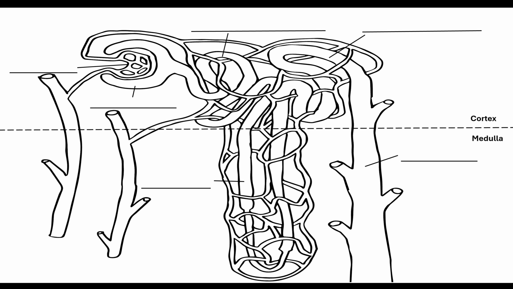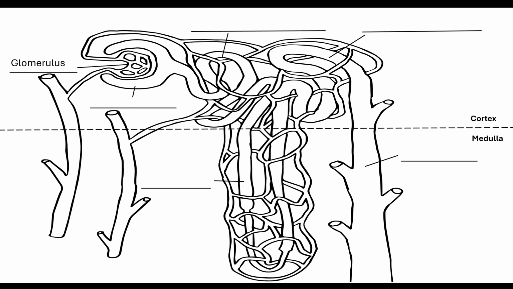So if we actually looked at the kidney nephron, then there are some key parts that you need to know. Now, as I said before, the cortex, the darker section, has the majority of the parts of the kidney nephron. So let's just look at that now. So the first thing you have to know is what's called the glomerulus. So the glomerulus is the bundle of capillaries.